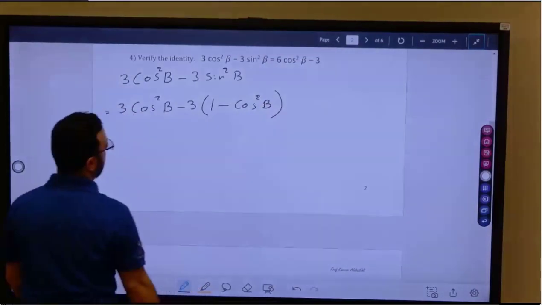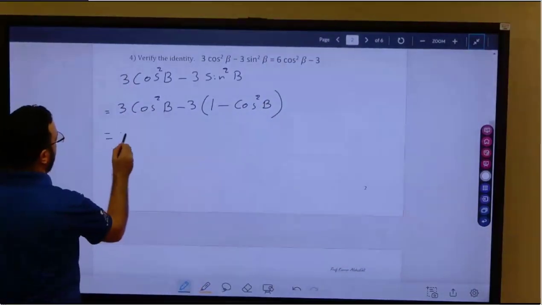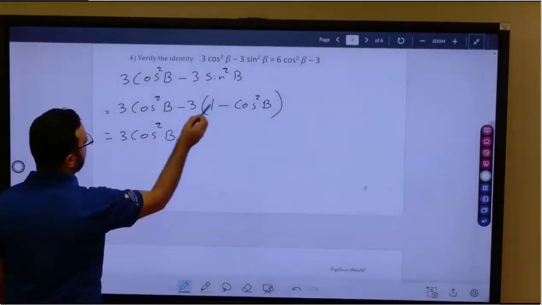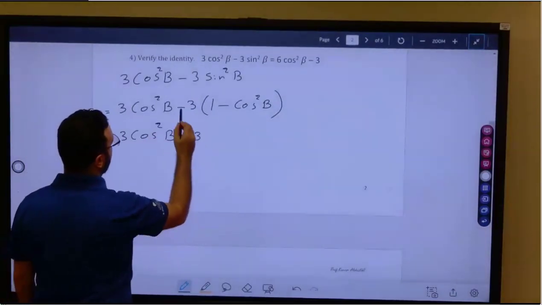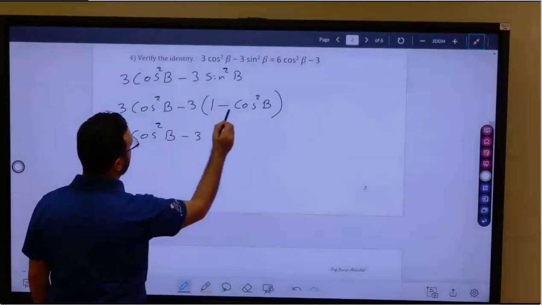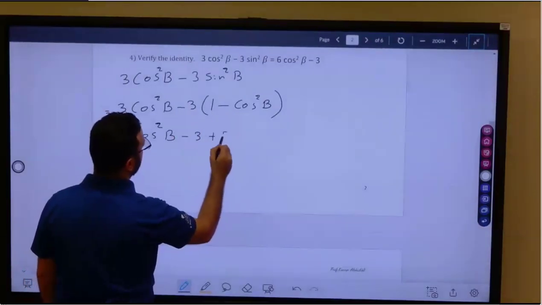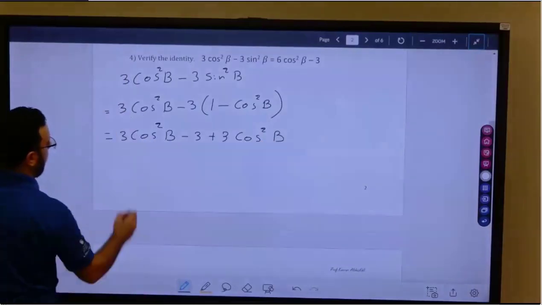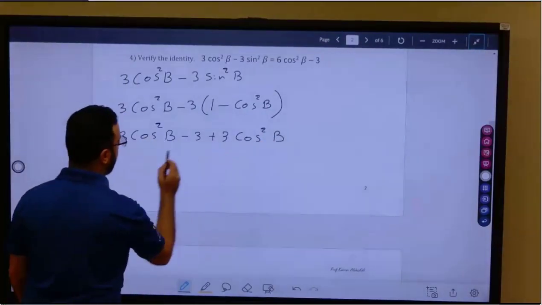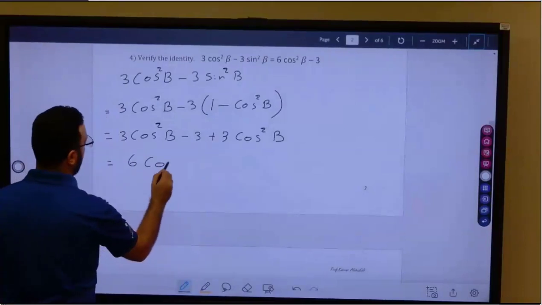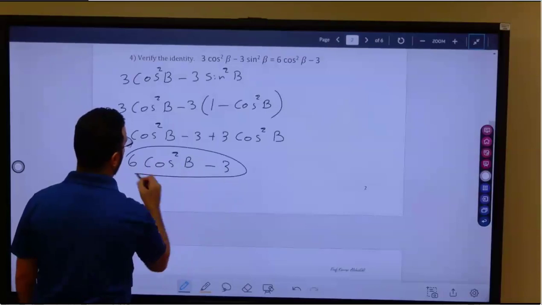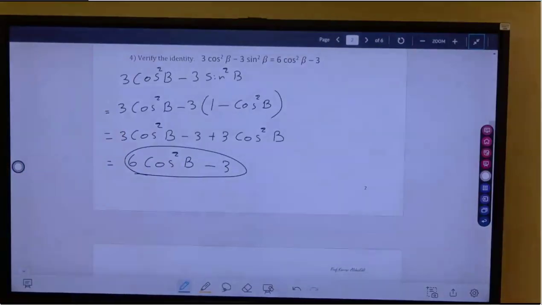You can do that. Now here's 3 cosine square beta. Distribute negative 3: negative 3 times 1 is negative 3, and negative 3 times negative cosine square beta is going to be plus 3 cosine square beta. Now combine like terms, 3 plus 3 is going to be 6 cosine square beta minus 3. So this one also gets the same result.